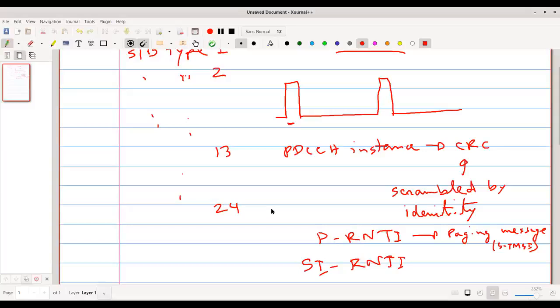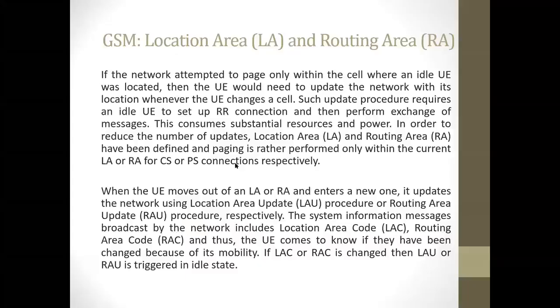So when the UE moves to a different location area, it wakes up and reads the system information message, and then it finds that the location area code has changed. Now we have a new location area code. Then it identifies that it has changed the location area.